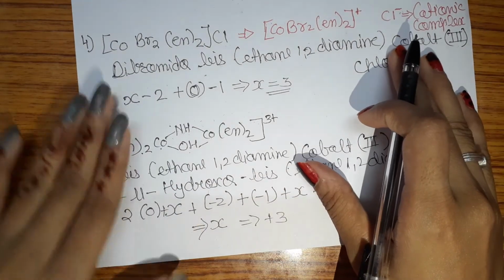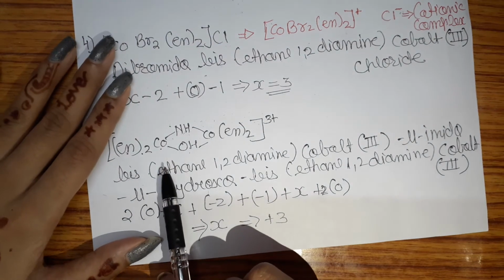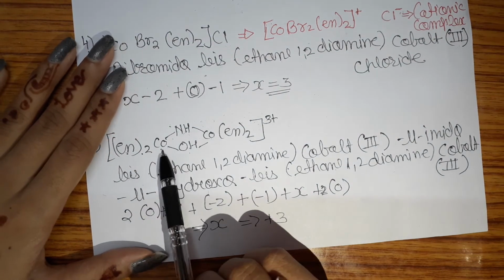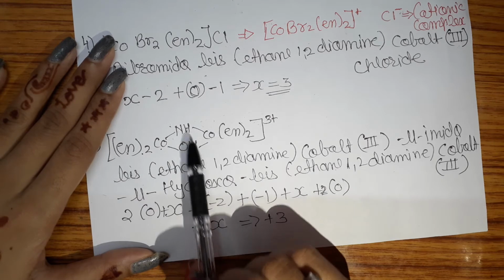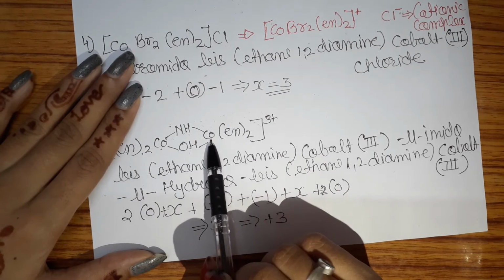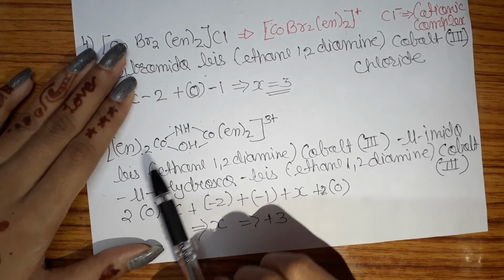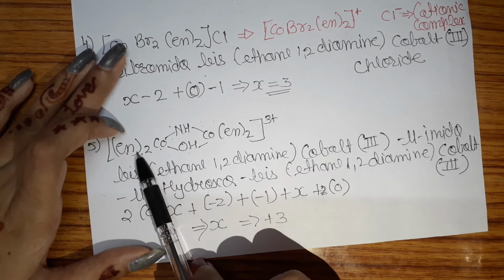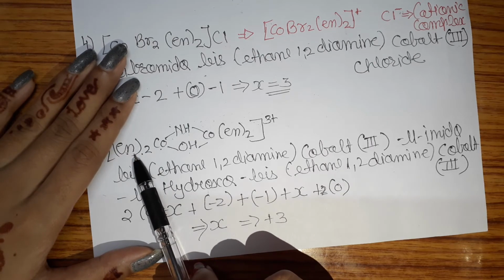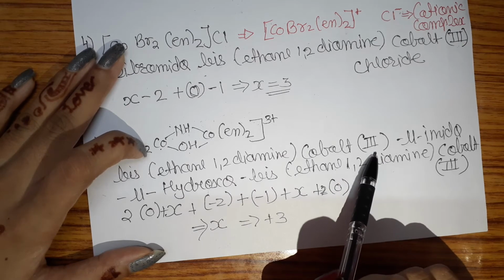And last but not the least, very important, the bridging ligand here, it is forming a bridge. So here [(en)2Co(NH)(OH)Co(en)2], NH which is imido, and OH which is hydroxo, and then again Co(en)2, and +3 charge on the complex. First of all we will write bis, meaning 2, bis ethane-1,2-diamine, then cobalt, and the oxidation state +3.